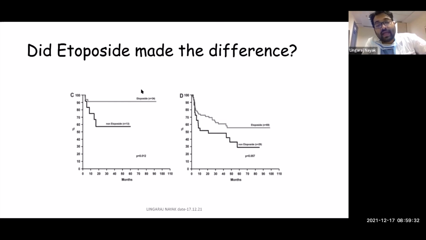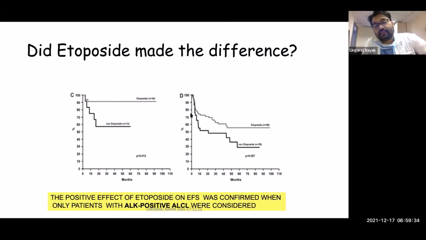But when they removed the ALK positive group and looked at etoposide, there is no statistical difference. Of course, there is a numeric difference in terms of event-free survival. So that somehow established that probably the ALK positive group does need etoposide. Now, the role of etoposide other than in the ALK positive group, like ALK negative and other PTCLs, is not very clear from this paper.